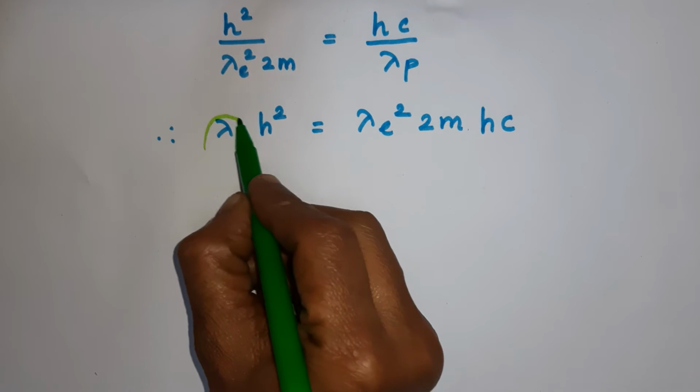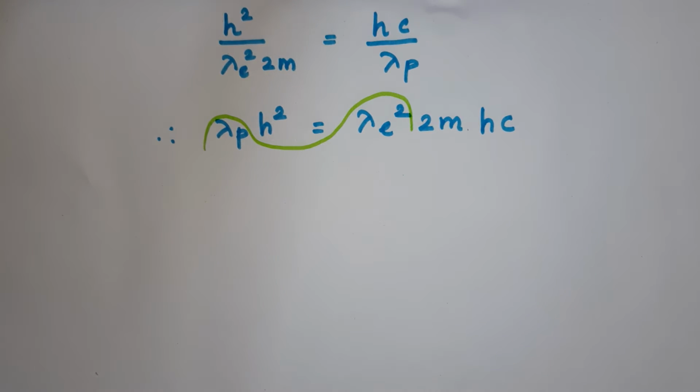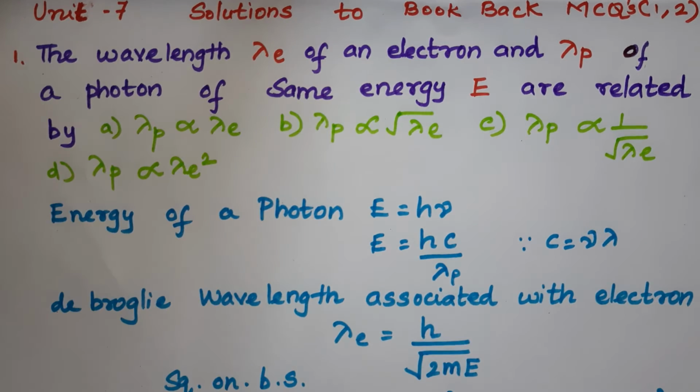Therefore, we have lambda P is proportional to lambda E square. Thus, option D is the correct one.